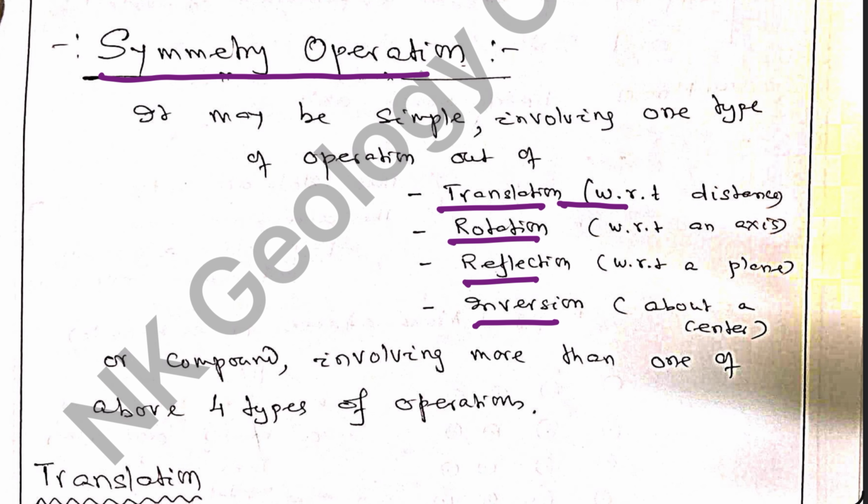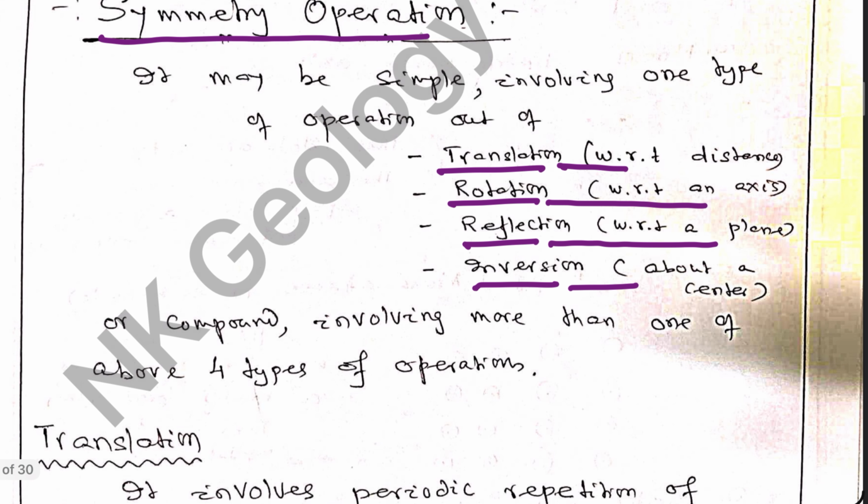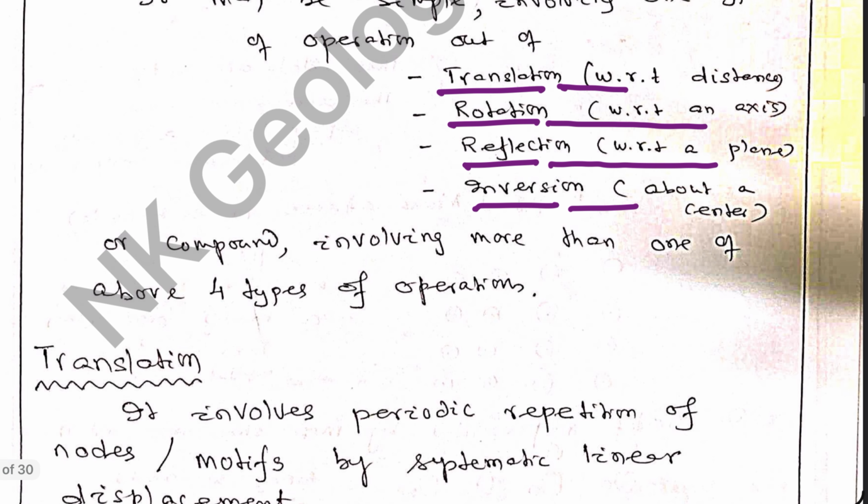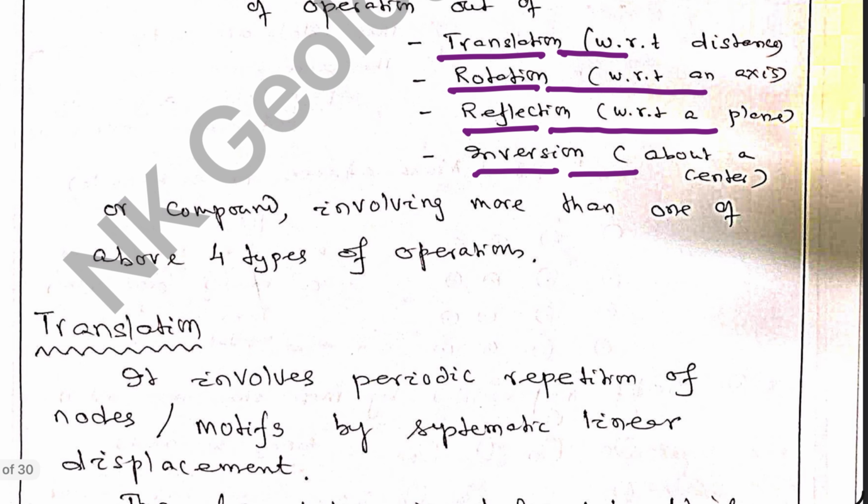Translation with respect to distance, rotation with respect to an axis, reflection over a plane, inversion about a center. So these are the simple symmetry operations by which atoms and molecules are found to be repeated in the crystal structure.